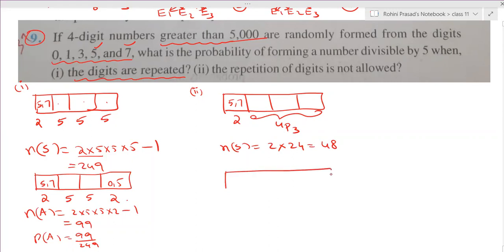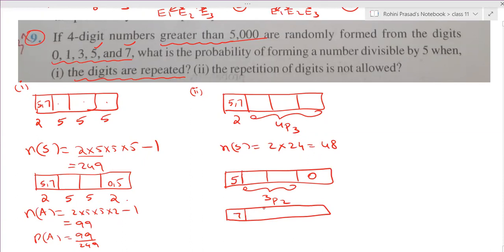Next, the divisible by 5 case. Here 5 and 7 are there. Suppose you are filling the first place with 5. Because it should be divisible by 5, the last place must be 0. And the remaining 2 places from 3 digits, 3P2. That means there is a need of dividing this into 2 cases. Case 1 where you are beginning with 5.